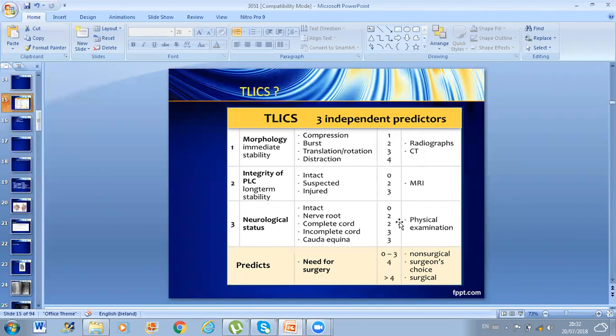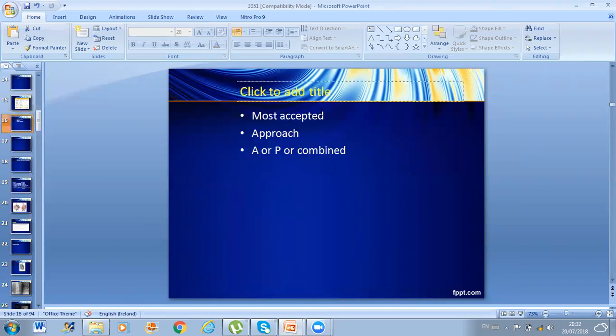This helps you to identify the urgency of intervention. Incomplete injuries, if you do intervene, they will be stabilized and they will improve. Complete cord compressions, there are less chances to improve the neurology. So incomplete is given 3 points and complete cord injury is given 2 points. It's the most accepted approach, okay?